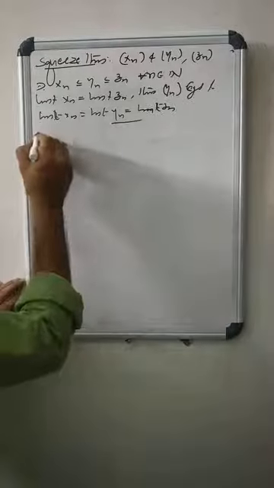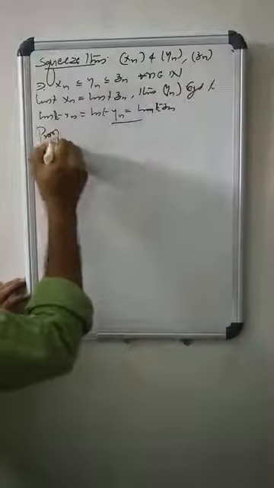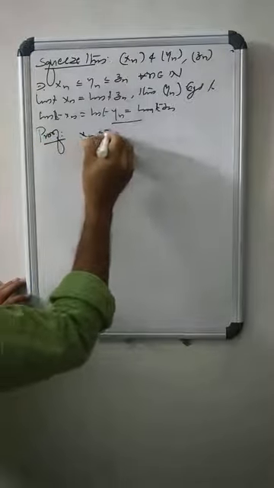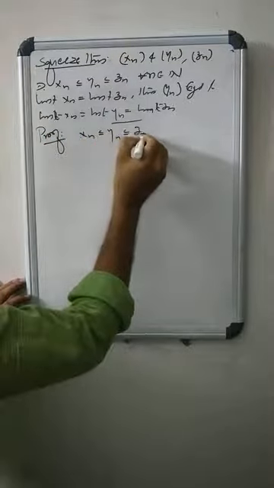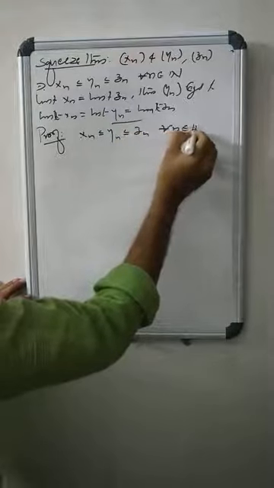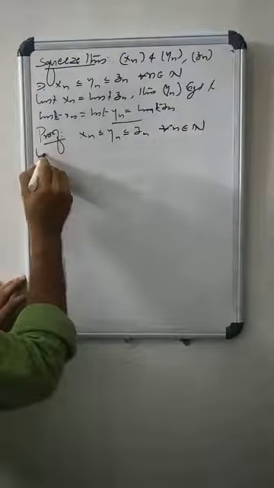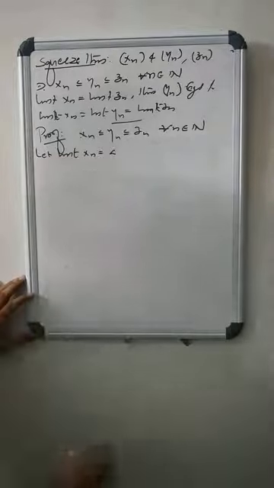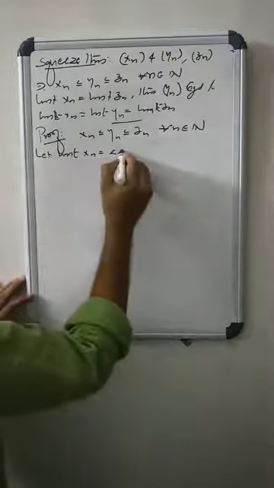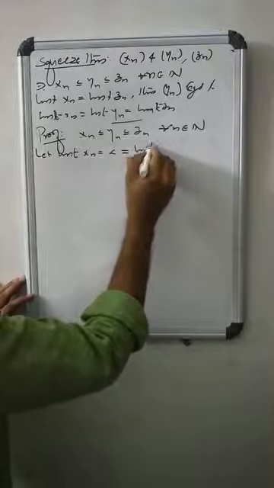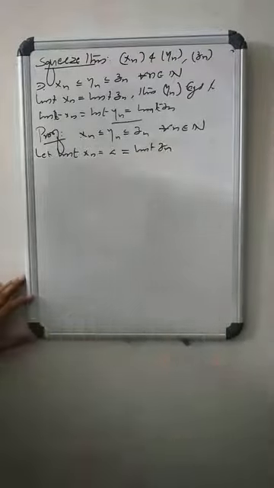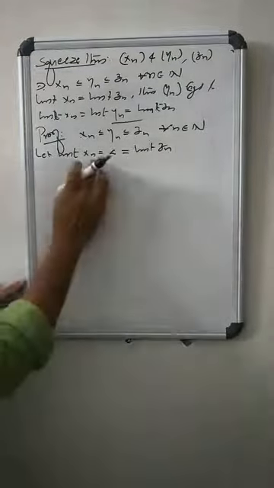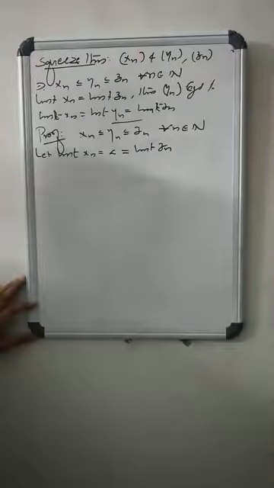Given xn less than or equal to yn less than or equal to zn for all n in N, let limit xn equal a, as well as limit zn equal a.